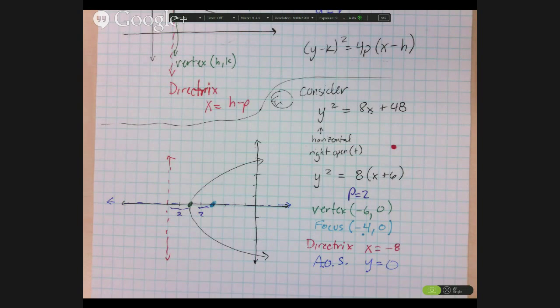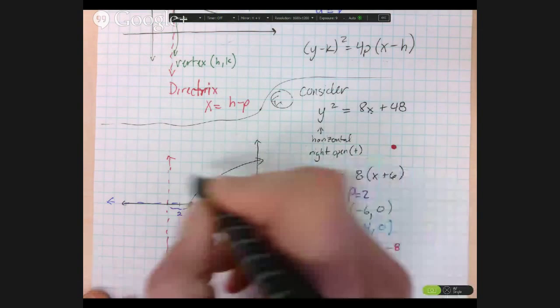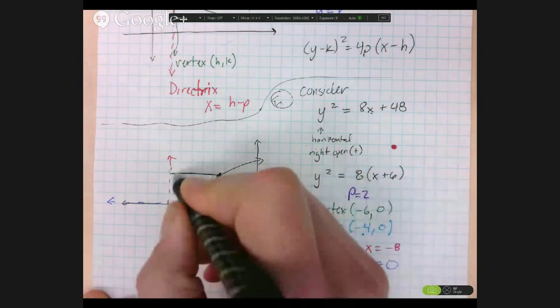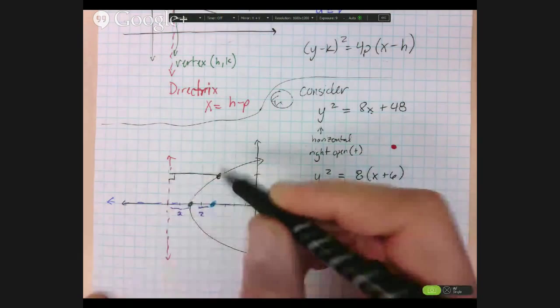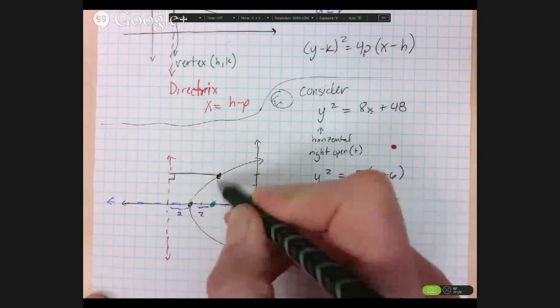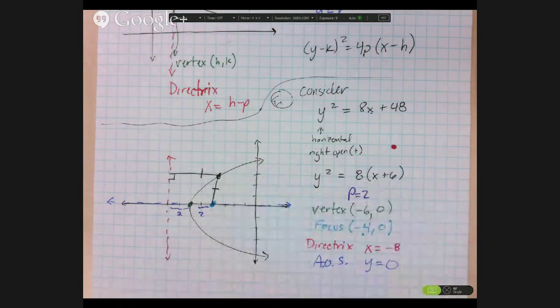Does anybody know how a parabola is built? We built the ellipses with the string and the two foci, right? If we were to do something similar with a parabola, what you end up with is any distance from the parabola perpendicular to the directrix is congruent to the distance from the focus to that same point.